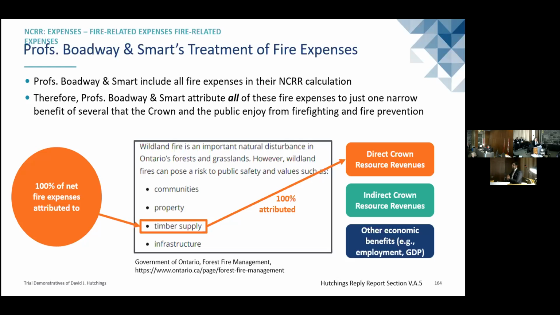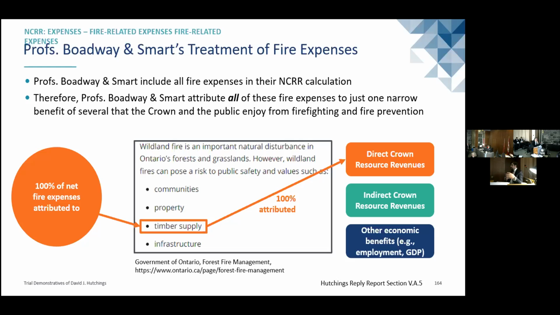No, so I think there are 2 answers to that, if I may. First is, if we just stop charging stumpage, we're still going to have income taxes and other indirect Crown resource revenues. So I'm asking a kind of narrower question. If we just gave up the direct Crown resource revenues, we'd have no revenues on the ledger. Okay. But we'd still have forestry operations, probably.